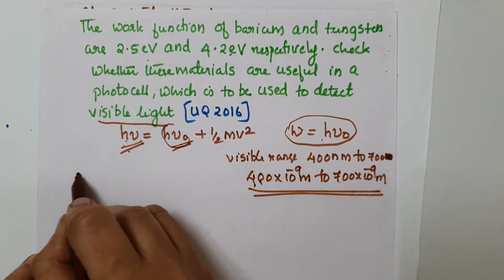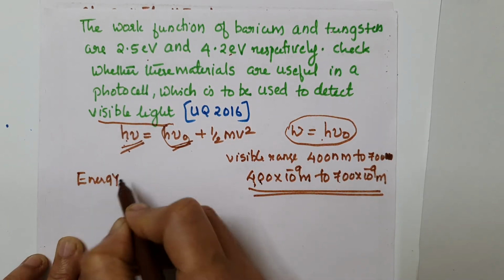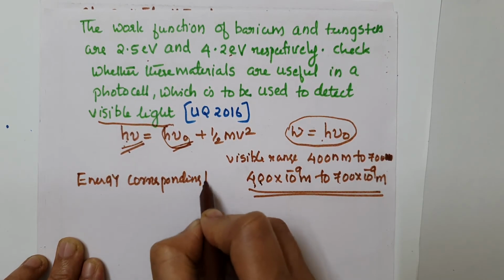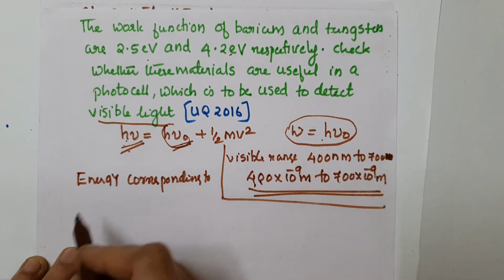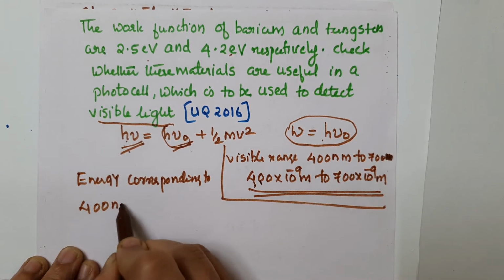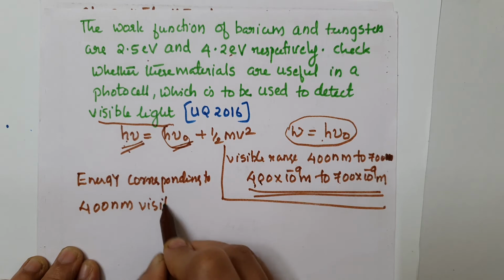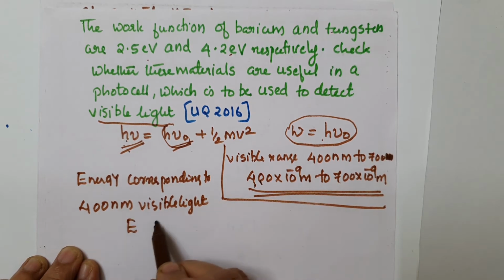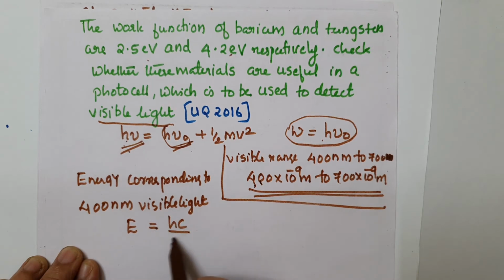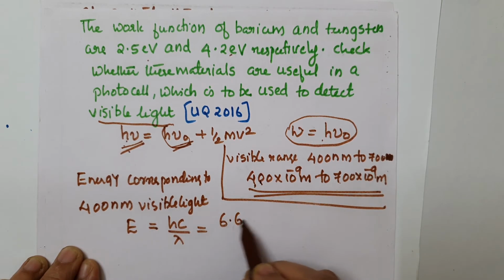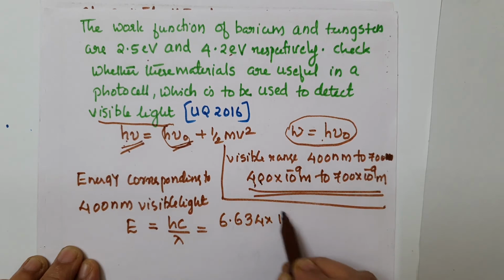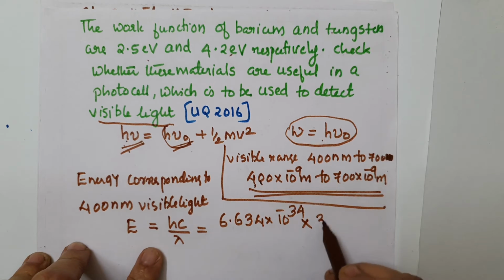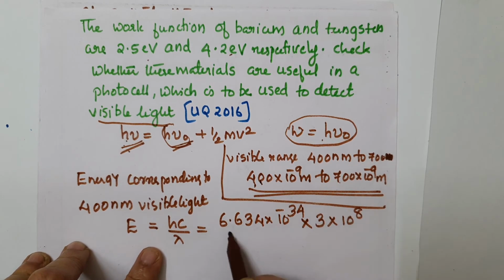First, the energy corresponding to 400 nanometer visible light is equal to hc by lambda, where h is 6.634 into 10⁻³⁴ and c is 3 into 10⁸.